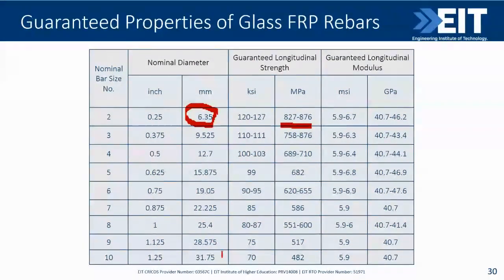When we're using, let's see, on the other end of this range, it is decreased by about 50%, from almost 900 to 480. Right. The modulus, though, doesn't change much. You can see, well, it stays at the same range.